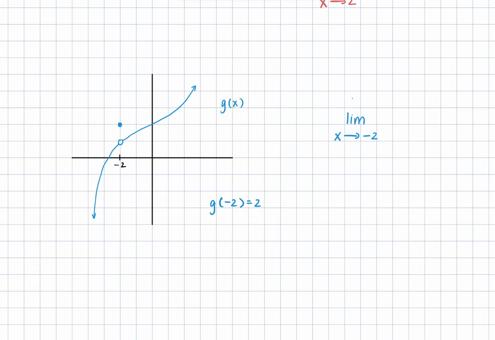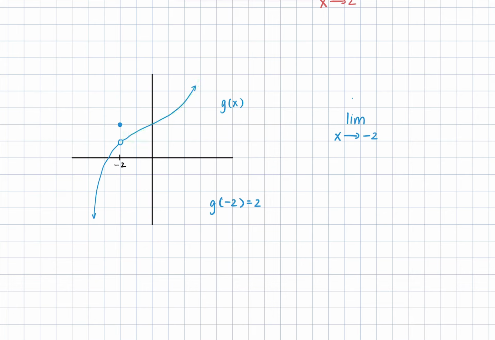Remember, our limit is how the function behaves as we get closer and closer to this x value from both sides of the graph. From the negative side, as I get closer and closer to this hole over here, I see that my y values are approaching positive 1. For the positive side, the right-handed side of the function, I see that my y values are also approaching 1.